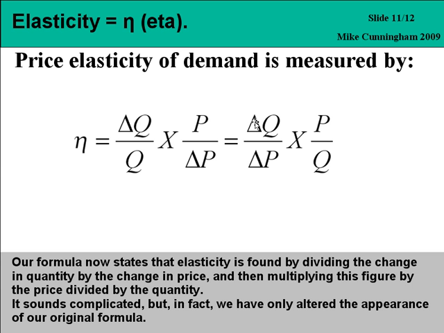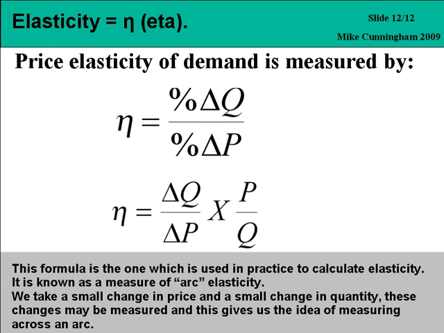We just tidy that up a little bit. We take the delta Q over the delta P, and move the Q across. So we've got delta Q over delta P times P over Q. And there we've got it: just the same formula written in a different way.